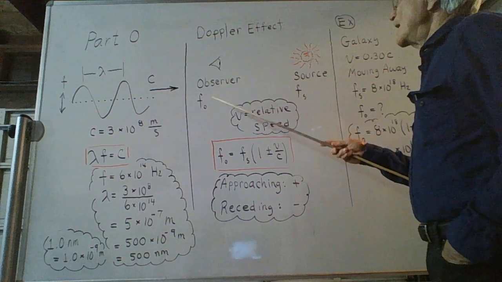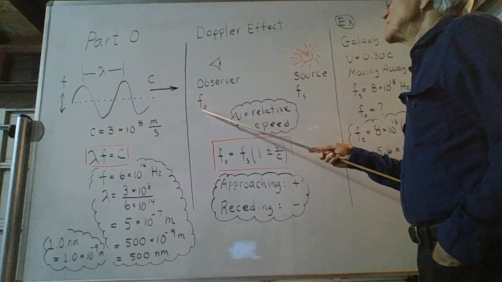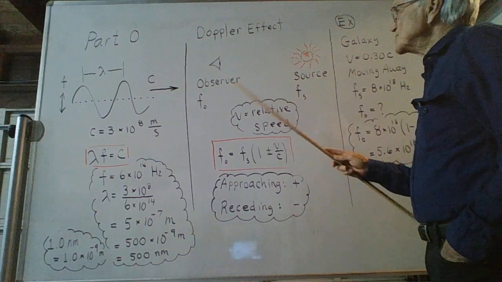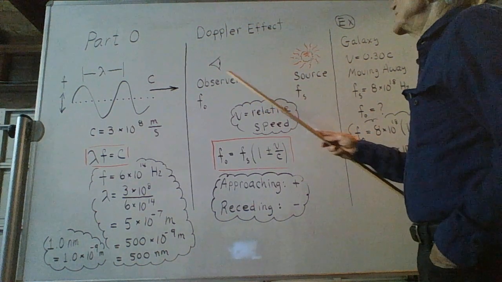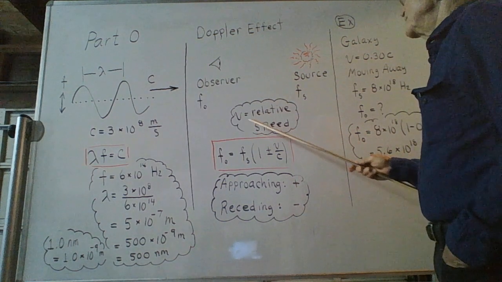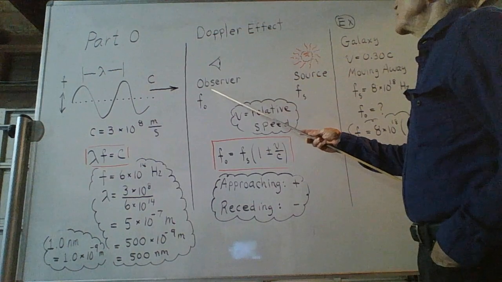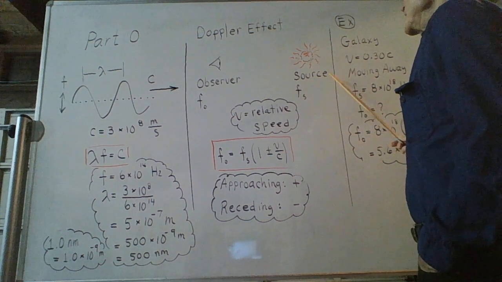The observer eye observes or sees a frequency of F subscript O. O for observer. Now, let's call the relative speed between these two entities, observer and source, V. So, relative to the observer, the source might be moving at so many meters per second to the right or to the left.